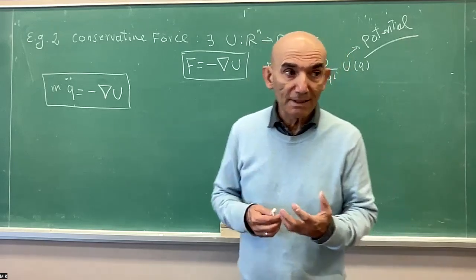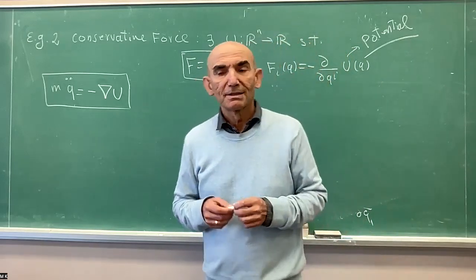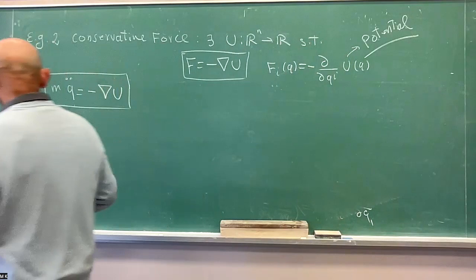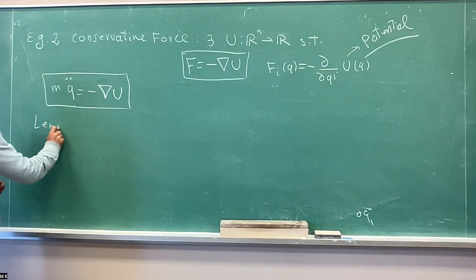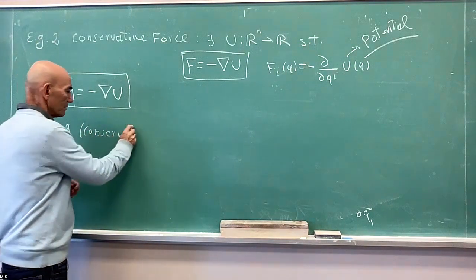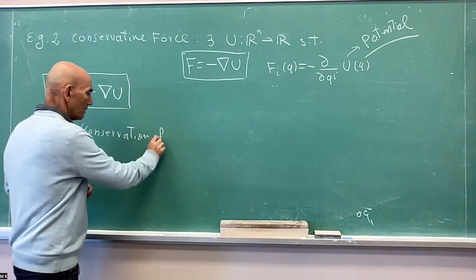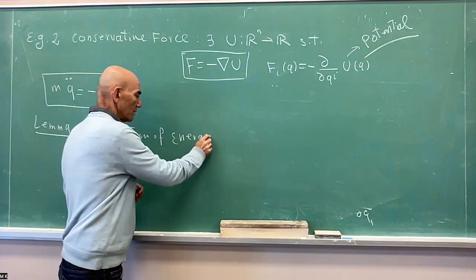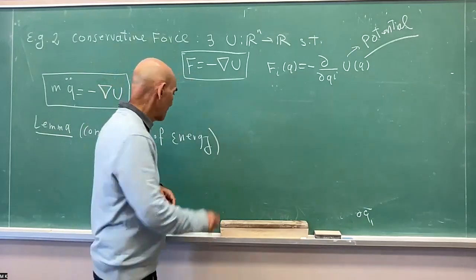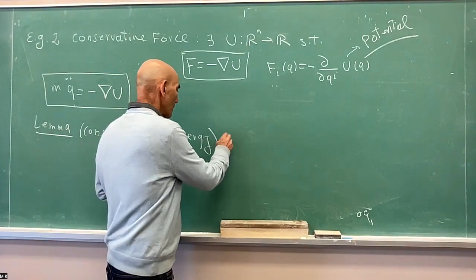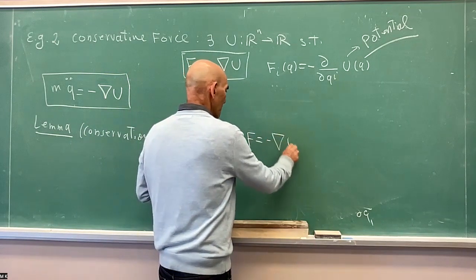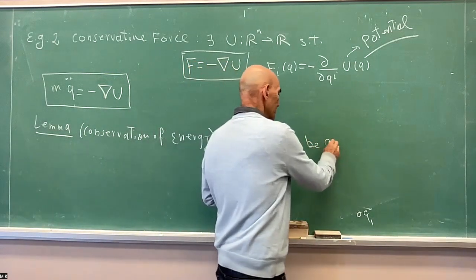Yeah, there is a quantity that's conserved, and that has to do with conservation of energy, right? So there's a lemma here. This is conservation of energy. For conservative fields, basically, let F equal to negative gradient of U be conservative.